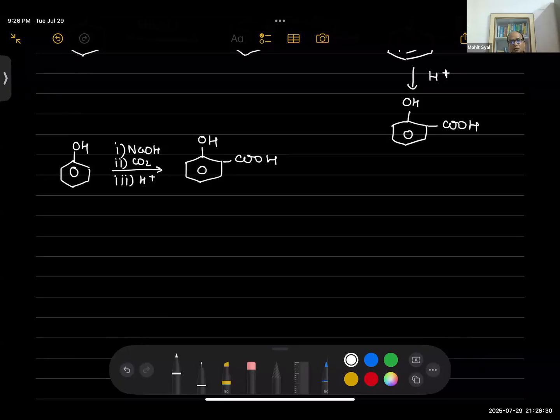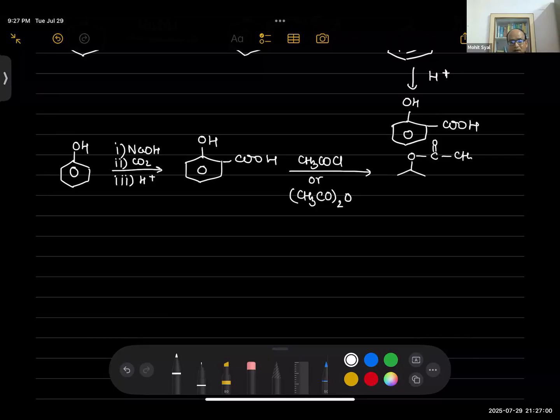Salicylic acid. Once you have the salicylic acid, you can do the esterification of alcohol, or acetylation, by taking CH3COCl or acetic anhydride. Any one you can take. Got it? So your OH is going to get converted to OCOCH3. And I also asked you what is the IUPAC name of this.